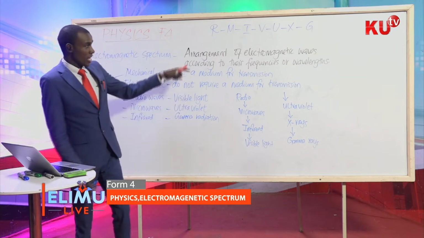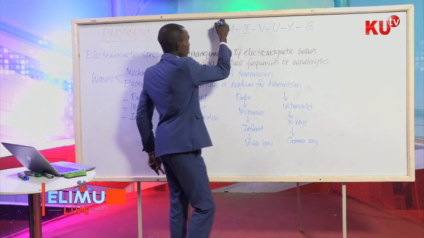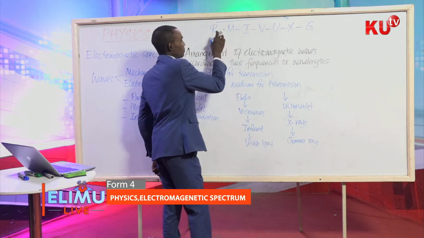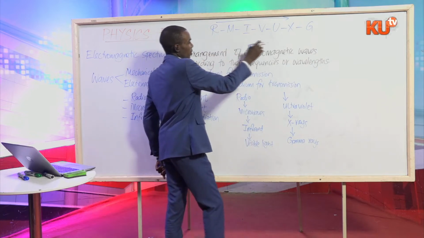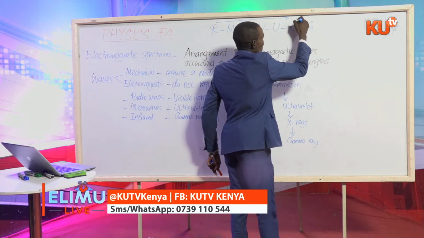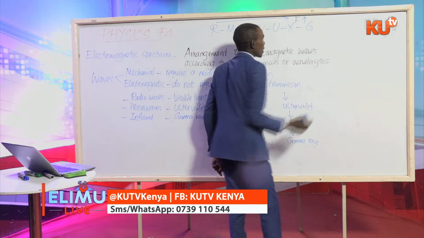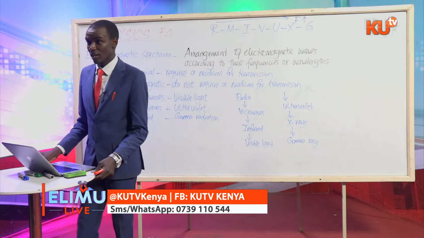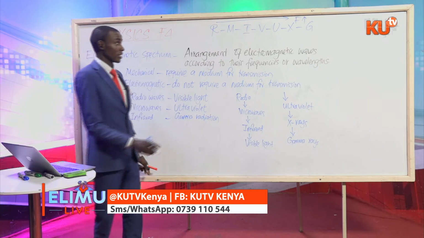Now, how do they work? Moving from this side to the right-hand side, that meaning moving from the radio waves all the way to the gamma radiation, what is happening to the frequency? The frequency is actually increasing. And remember, frequency can be defined as the number of complete oscillations per second.